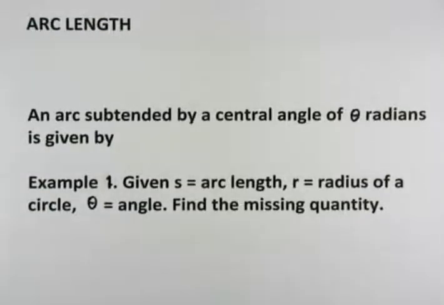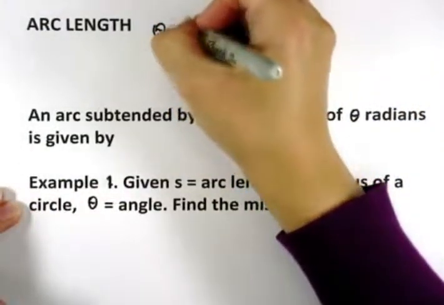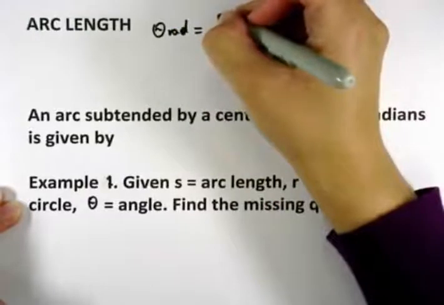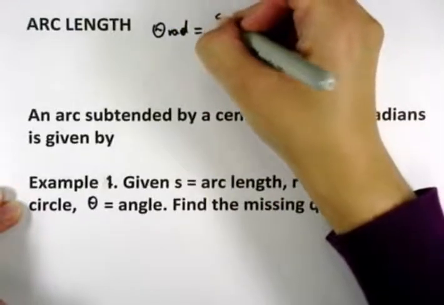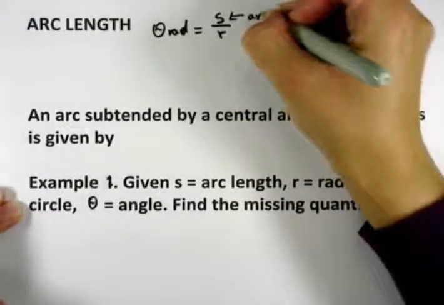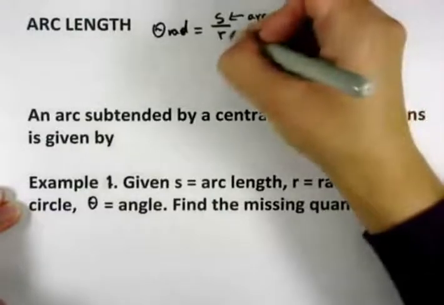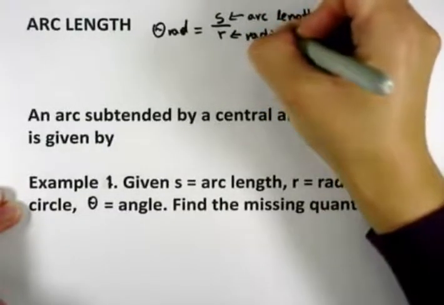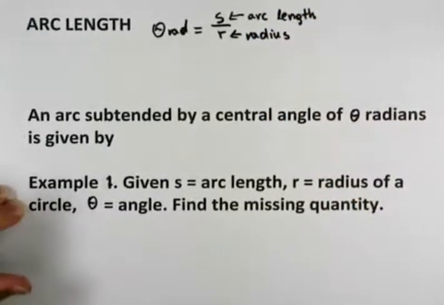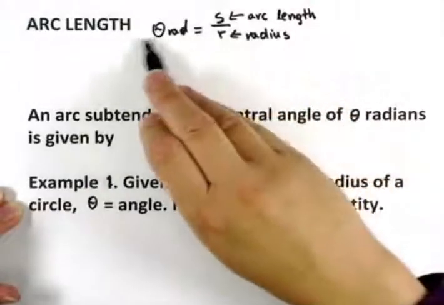Arc length. We know from the definition of radians that theta radians is nothing else but the ratio of the arc length over radius. So when I multiply both sides times r, this cancels out, and this would be r theta.